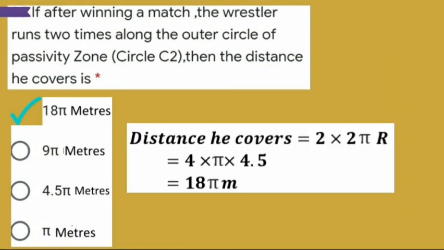So for 2 rounds it will be 2 into the circumference, which is 2 into 2 pi r. Here again r being 4.5, so the answer is 18 pi meters. We don't have to do the calculation by putting the value of pi, since all the options given are in terms of pi. So quickly we can do the calculations and find the distance that has been covered by the wrestler.